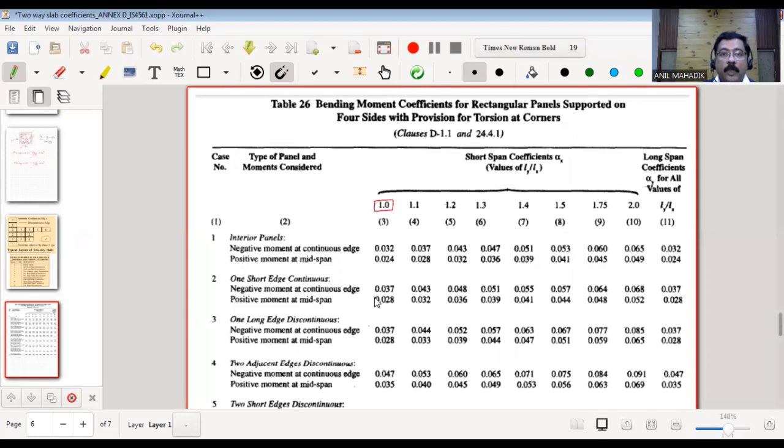Now let's say that fixed end, if all edges are fixed, then this is the case, interior panels. We will see in detail all the cases, but here I want to show. So this is your fixed end condition. Interior panel means all edges are fixed. Now we are interested in alpha x. So here negative alpha x is this and positive alpha x is 0.024.